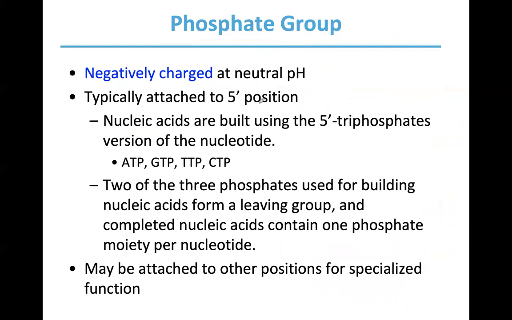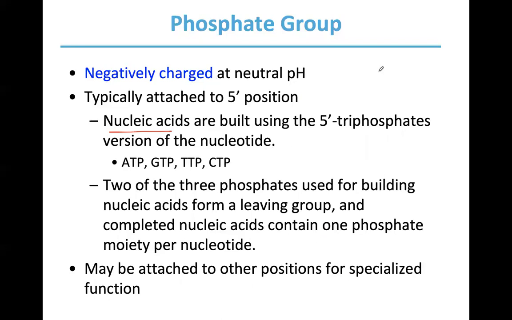All right. So phosphate group, as we mentioned, is negatively charged at neutral pH and typically attached to the 5' position. And nucleic acids in general are built using the 5' triphosphate version of the nucleotide.